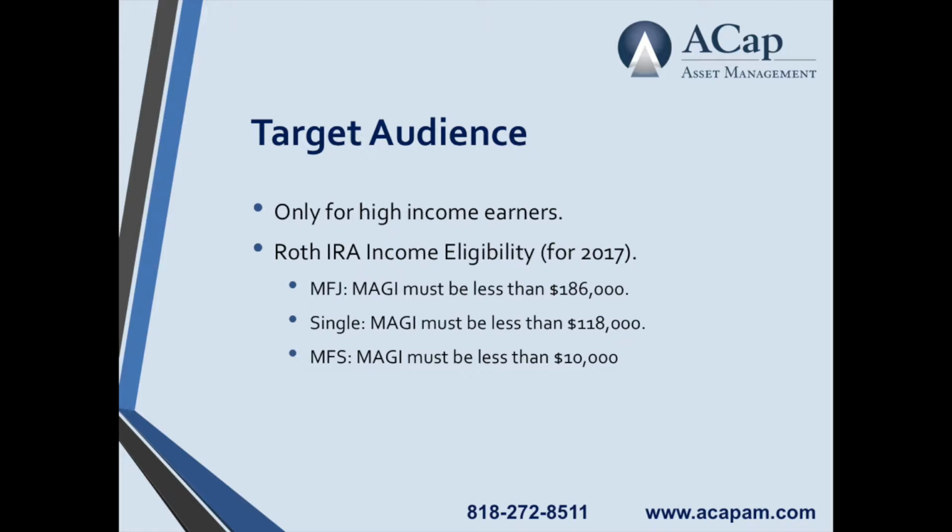So please do analysis before you determine whether married filing separately applies to you, because not only does it limit you on the Roth IRA, but it also limits you on many other eligibility requirements. So married filing separately, the modified adjusted gross income threshold drops down to $10,000. So if you earn more than $10,000, you cannot directly contribute to the Roth IRA.